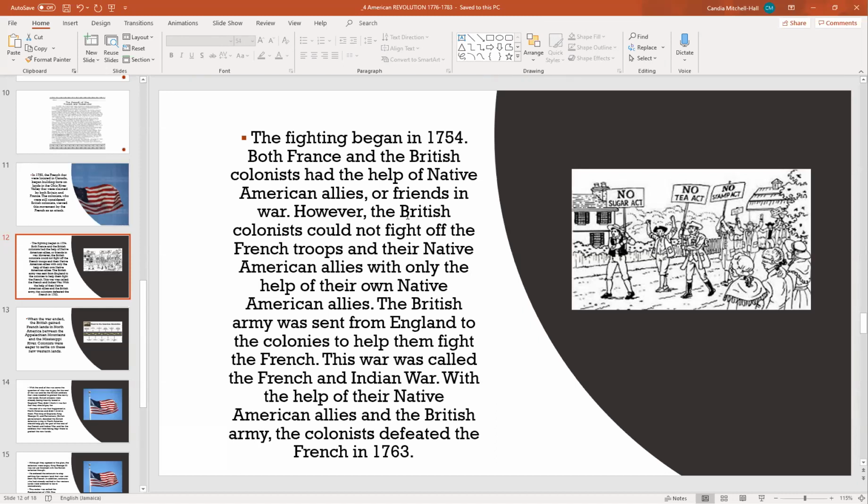Both of them were on the Native American lands. So why should you pick a side if both of them came onto your land and stole it? I feel like no one would have picked one side over the other, but they were trying to kill us.